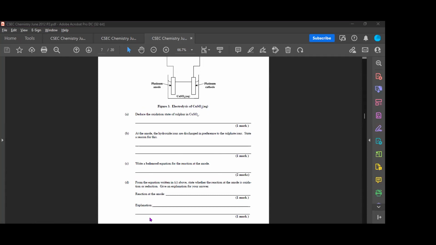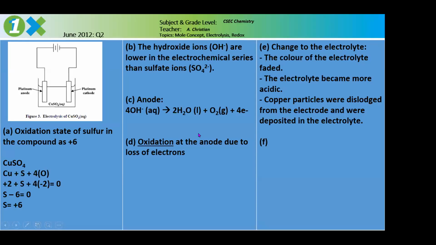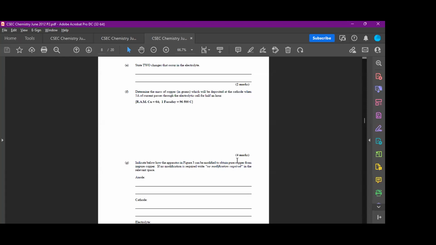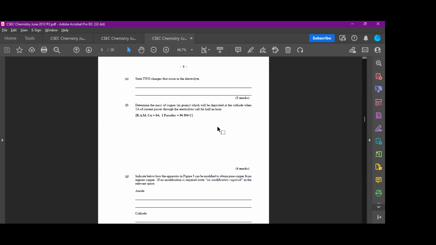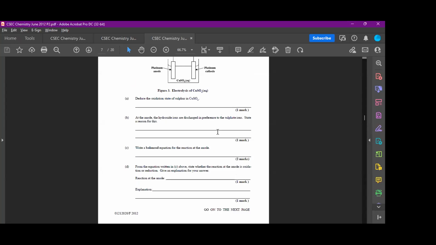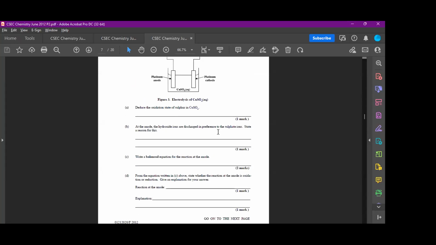So let's go back to this. But there's one question I need to look at before I reveal it, which is the following. State two changes that would occur in the electrolyte in this case. So it will start deteriorating.